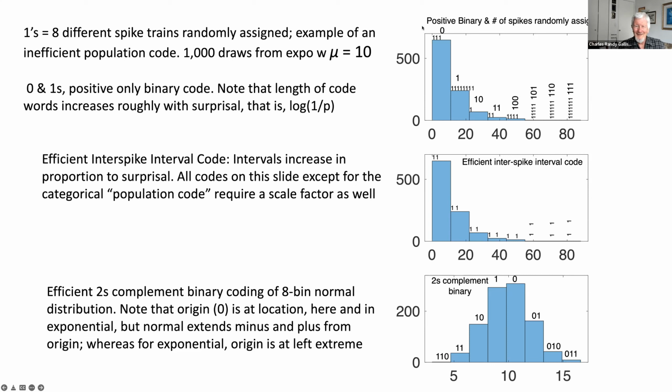Look, if we hear this interval 1,000 times, almost 700 of those will just be this interval, and we're going to represent it every time with 3 spikes. Now you have to remember there's a cost.